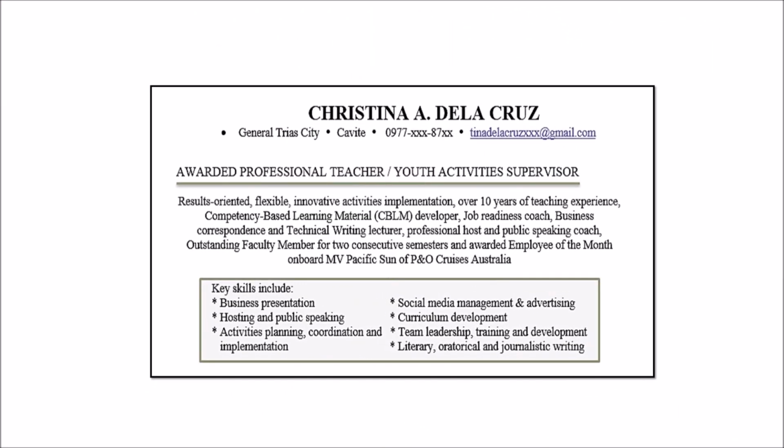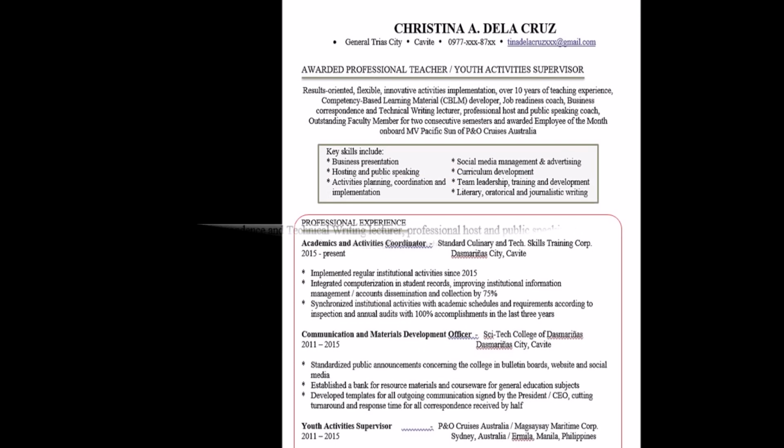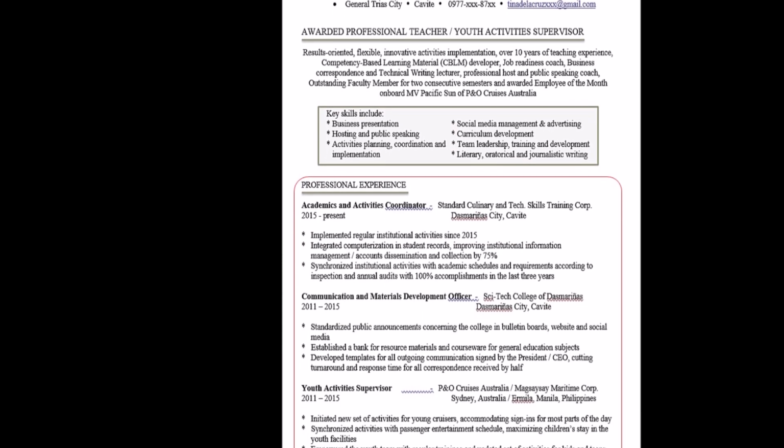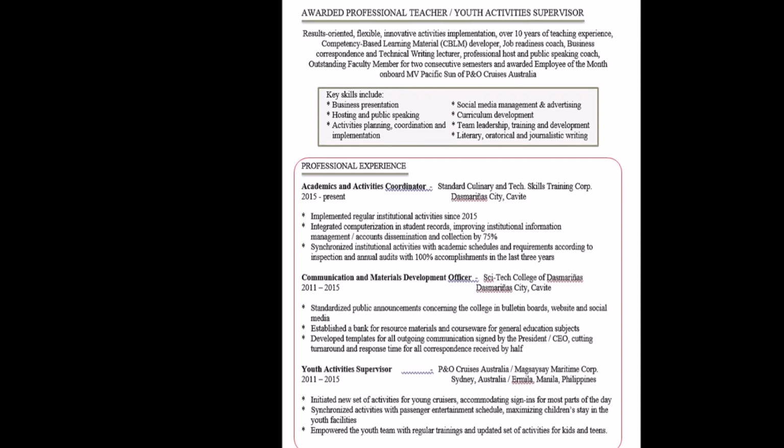In using this structure, you first capture the attention of the employer by highlighting key skills and capabilities in a qualification summary, which we referred to in the previous videos as profile summary, and then support this introductory section with an account of prior work experience.